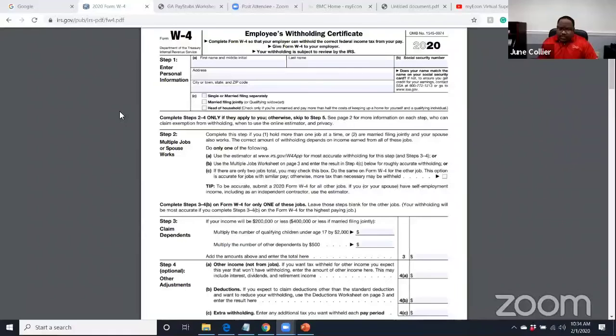And so while they still have the paper for the W-4, what we recommend, and even what the IRS recommends, is that you use the calculator that comes with the W-4. And so what we're going to do is we're going to jump into the W-4 calculator, or the tax withholding estimator, as it's technically called, and we're going to show you how this actually works.